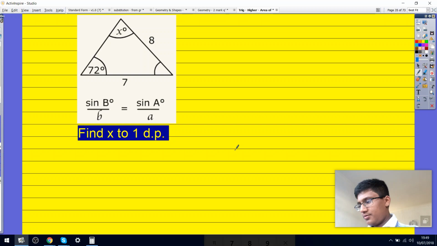Sine A over A equals sine B over B. So sine x over 7 equals sine 72 over 8 here.